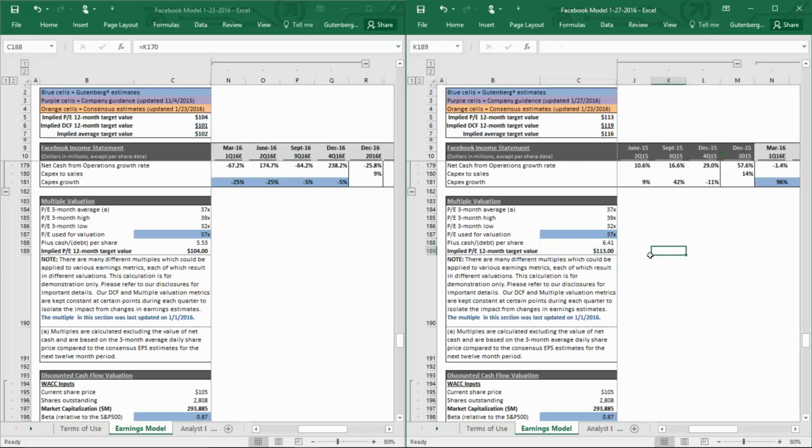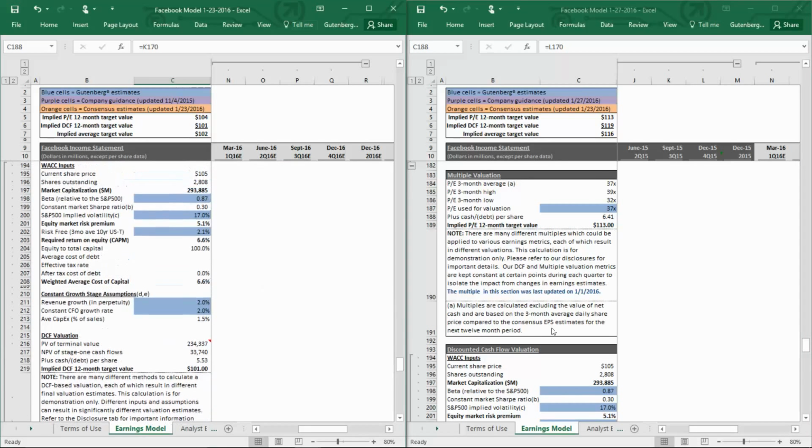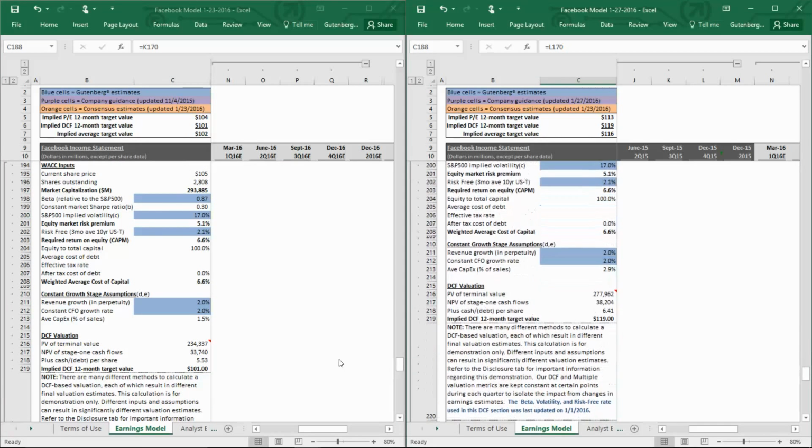So that's added a little bit of benefit to valuation, about $1 or so. And then on a discounted cash flow basis, we moved from $101 to $119. So using our 50-50 weighting of the two approaches, we went from 102 to 116, which is an increase of about 14%, and now shares are up 12%. So the results are in fact consistent with what we're seeing in after hours at this point.